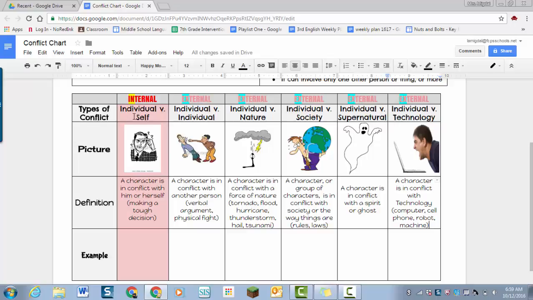Internal. This is a really common type of problem in a story. It's when a character is in conflict with him or herself, like if a character has to make a tough decision. So for instance, and I'll put an example down here.